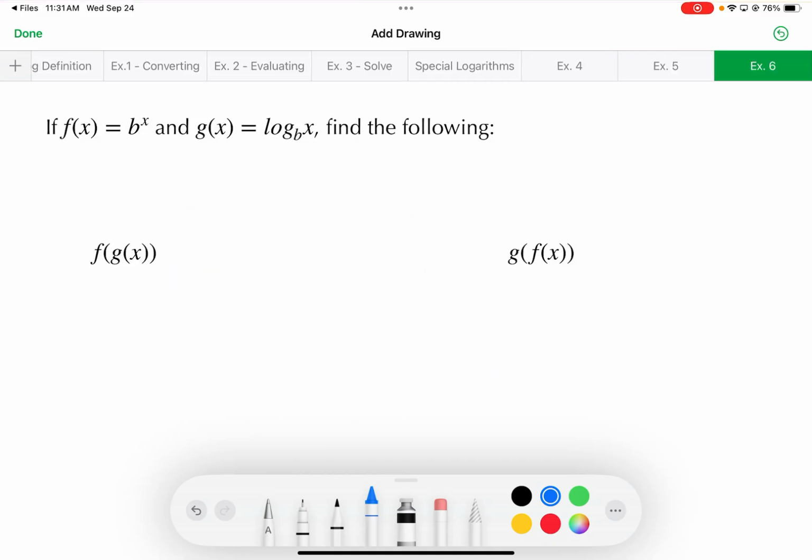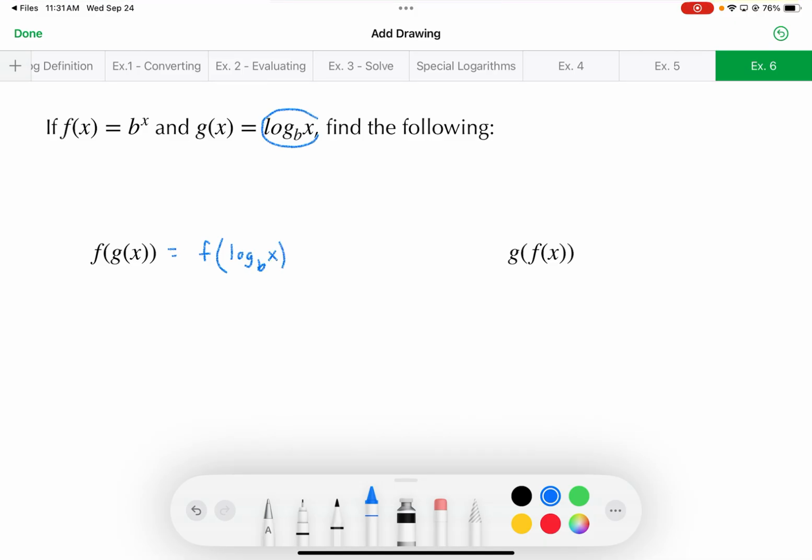Okay, so with that in mind, we can finish with example 6 here. We've got f is an exponential function equal to b to the power of x. And then g is a logarithmic function, log base b of x. So I want to compose the two. F of g, that would be f evaluated at log base b of x, right?